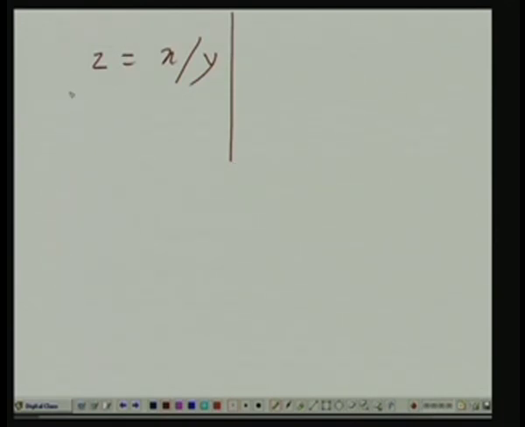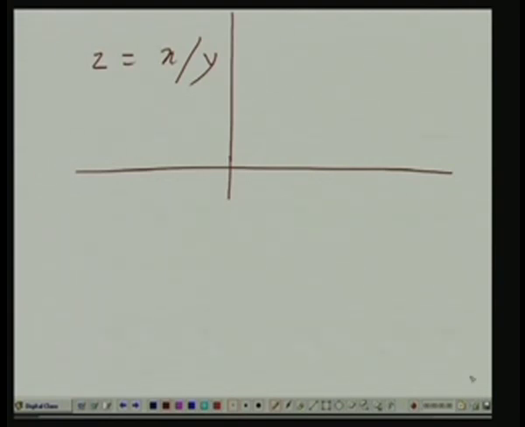For a given z it is x equal to y z, or y equal to x by z. Depending on whether z is positive or negative, I get a straight line always passing through the origin. If z is positive, it will have slope like this, it will pass through first quadrant. If z is negative, it will have a negative slope.